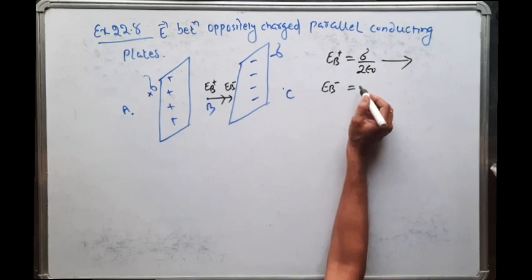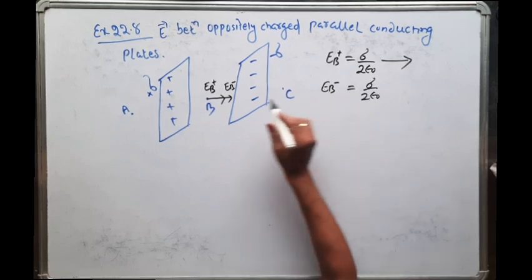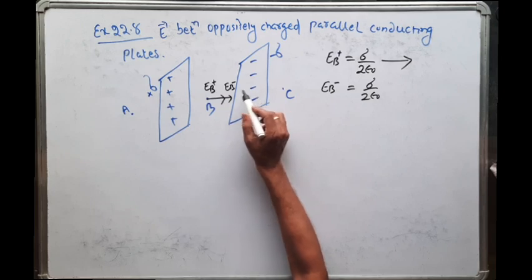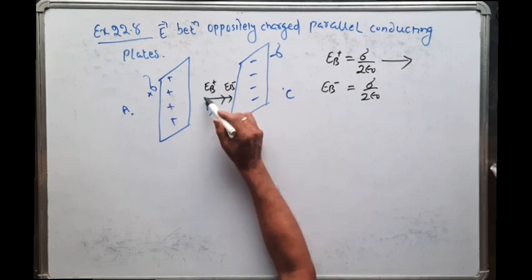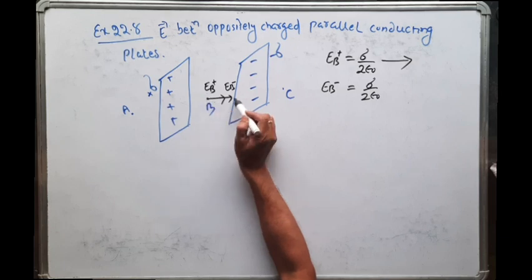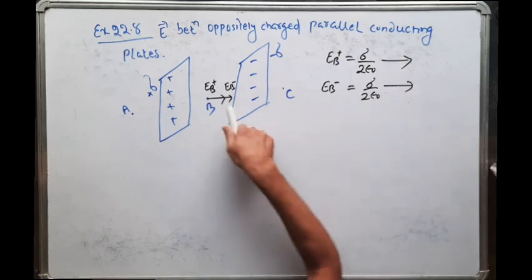It is the same formula, sigma upon 2 epsilon naught, and since it is a negative plate, the electric field intensity is towards it. Actually, how can you find it? If I keep a plus 1 charge here, this plus 1 charge will be attracted towards the negative plate. So again the electric field intensity direction is towards right.